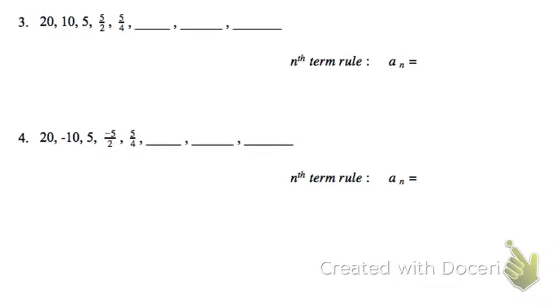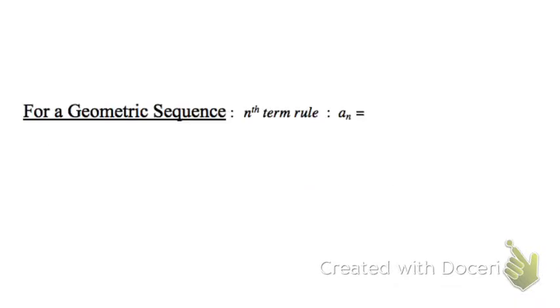Now, let's talk generically. If we have any geometric sequence, what's a generic rule for finding a future term, a number that's out there in the list somewhere? No matter what your list is, you always have to start at the first number in the list.